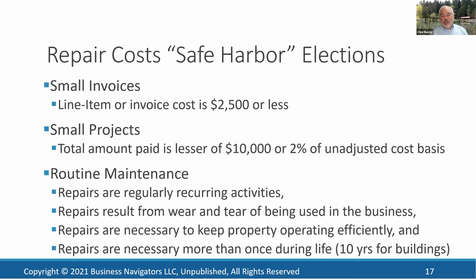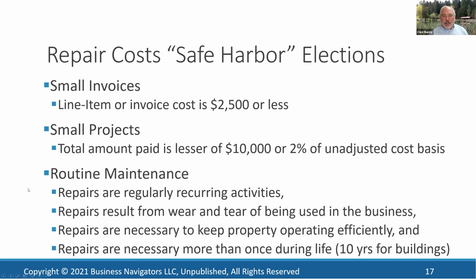Again, that unadjusted cost basis is what we originally paid for it. We don't look at depreciation. So if we paid $100,000 for the building, 2% of the cost is $2,000. So it's the lesser of 2% of the basis or $10,000. If we spend the lesser of those two things, then we can deduct it.